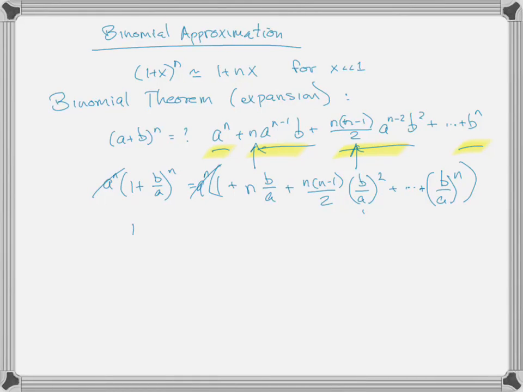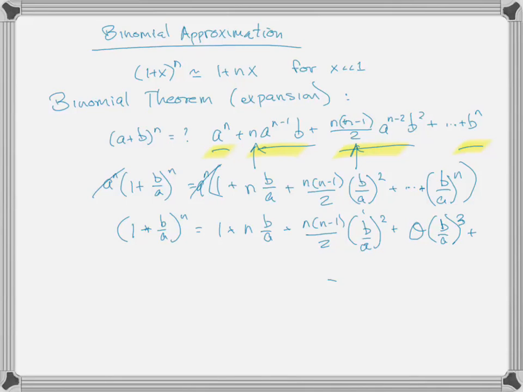So we've got 1 plus b over a to the n equals 1 plus n b over a plus n times n minus 1 over 2 b over a squared, and then there's going to be some order b over a cubed term and higher, and the last term is going to be b over a to the n. I just want to point out a couple things here.